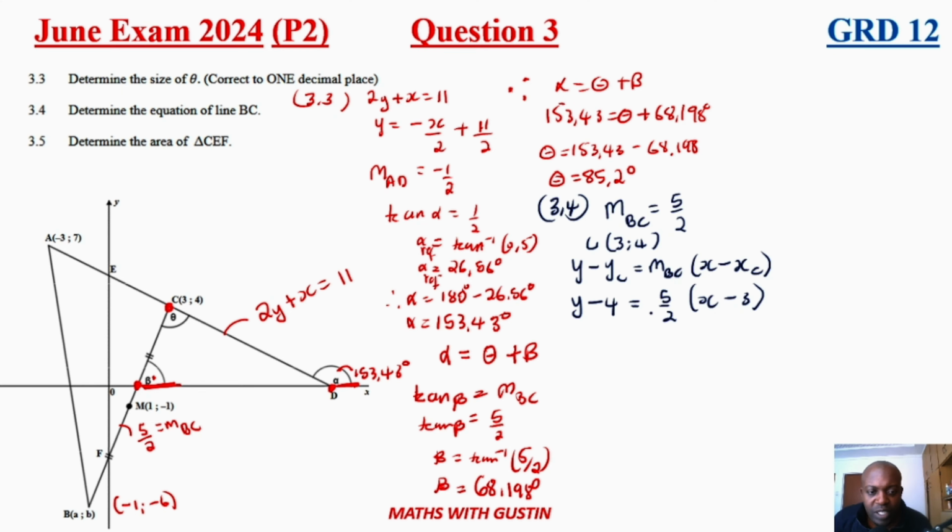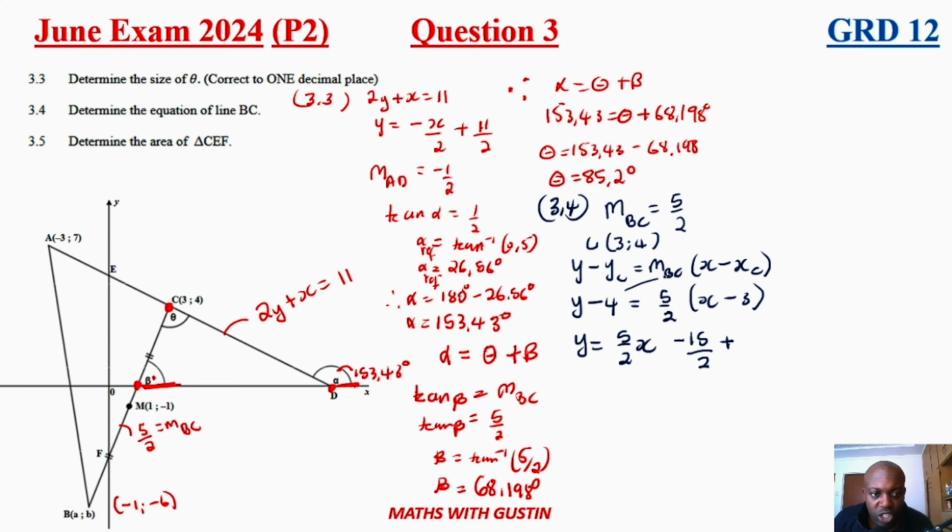So now we need to remove the bracket and then move forward to the other side. I'm going to do that straight away because you guys are already in grade 12. You shouldn't struggle with this one. 5/2 times x will give us 5/2x, and then 5 times 3 will give us 15 divided by 2, and then we move the 4 to the other side.